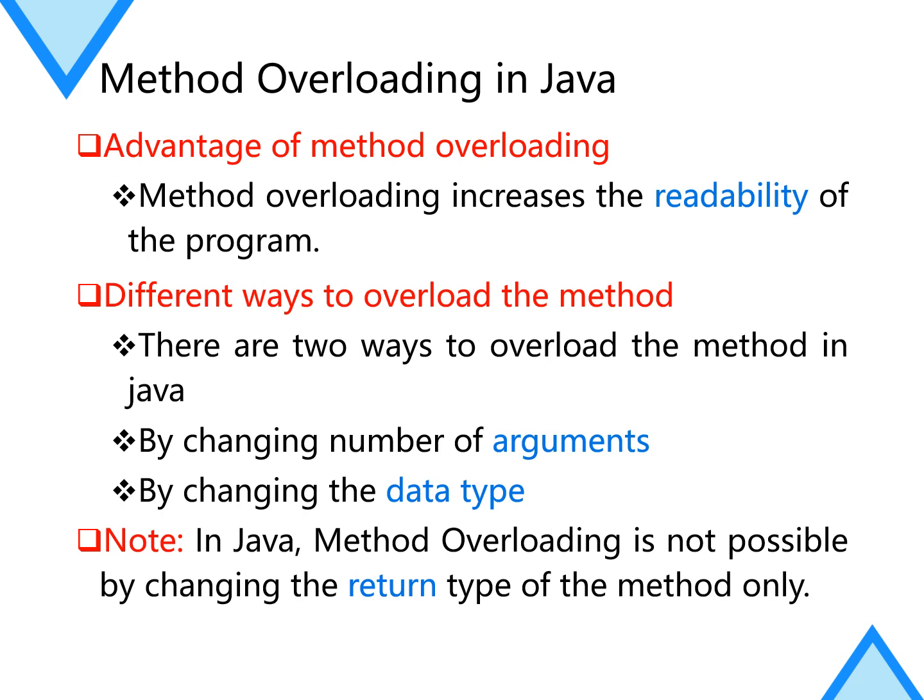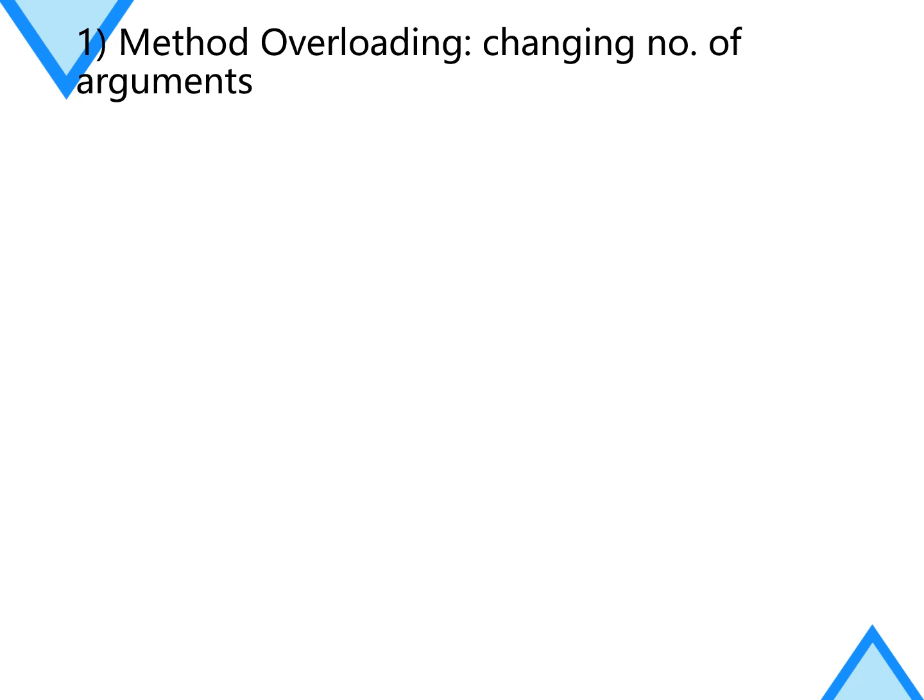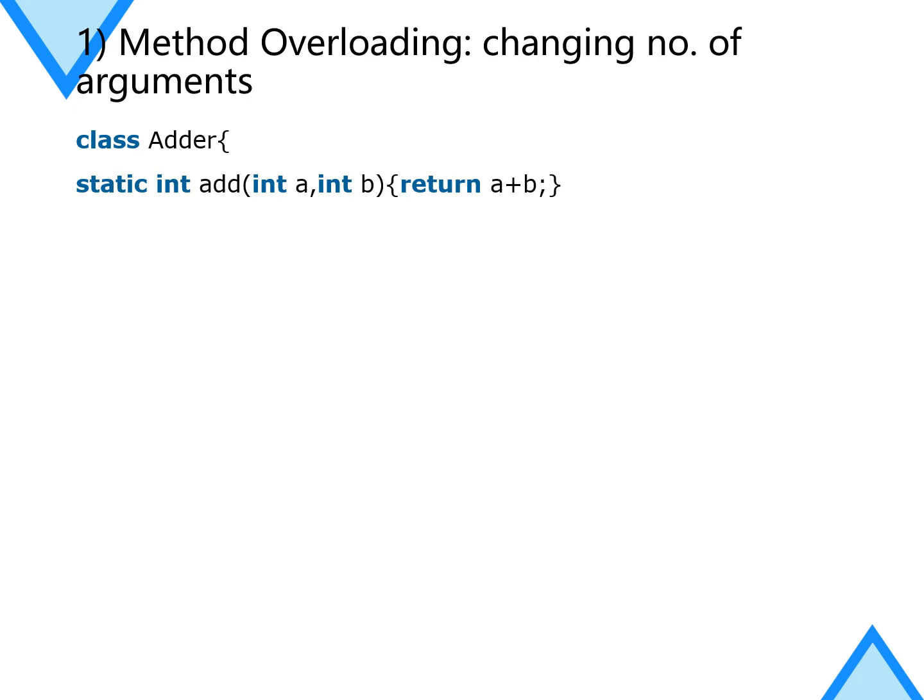Let's see the first example of method overloading through changing the number of arguments. We have a class named Adder, and one method named add, which has two integer parameters and returns the addition of the two numbers. Suppose we have another method with the same name, so we are overloading the method.